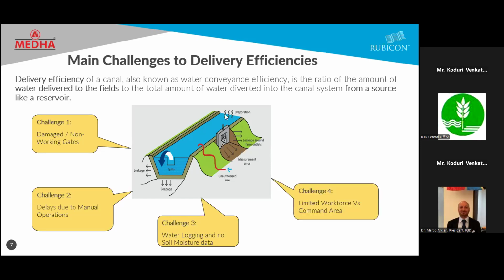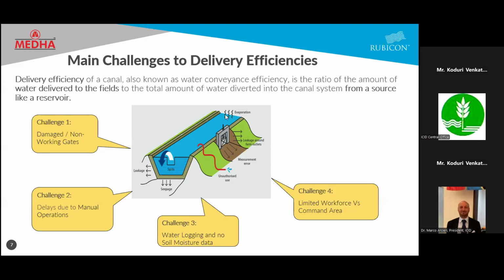The fourth challenge is the limited workforce versus the command area. My audience, I believe, are very enthusiastic in the canal sector. At the same time, I believe that they have a good understanding that the canal through which we serve water has a vast command area to serve usually.